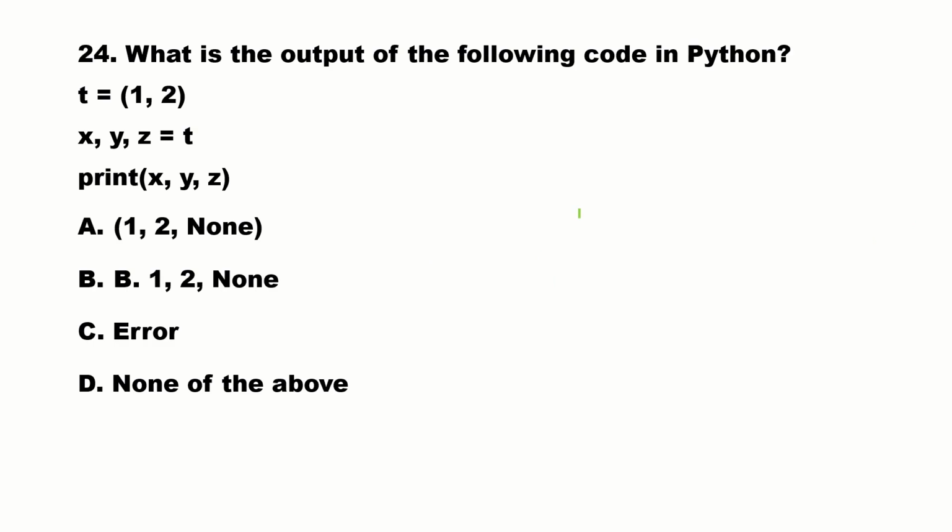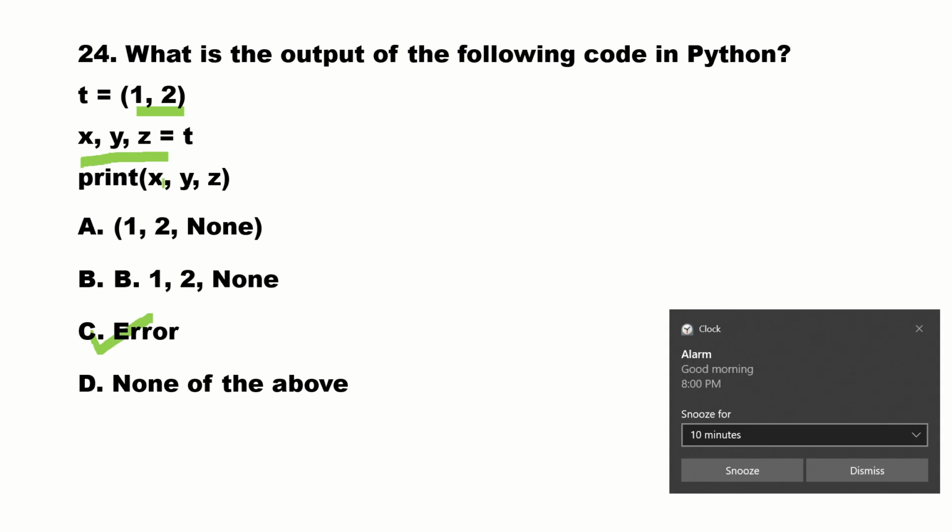And one more important thing is there. See this one: tuple t is 1, 2 and x, y, z is equal to t, and print x, y, z. What will this code do? It will raise an error. Why? Because there are fewer values. Here only 1, 2 is given, and how many variables are there? x, y, z.